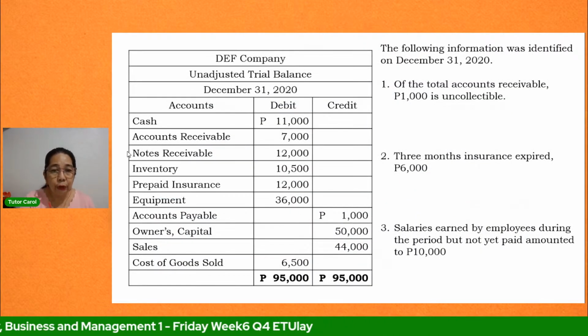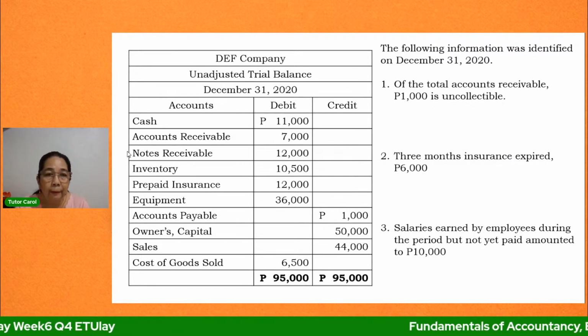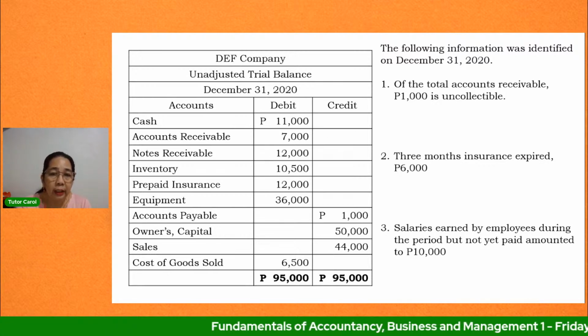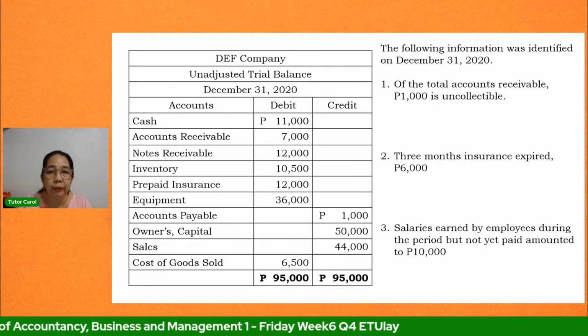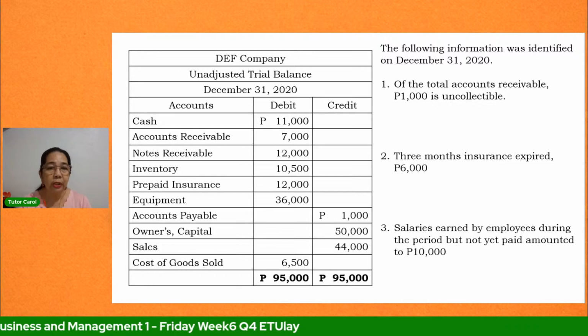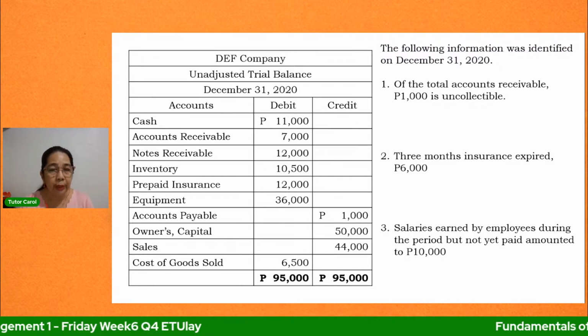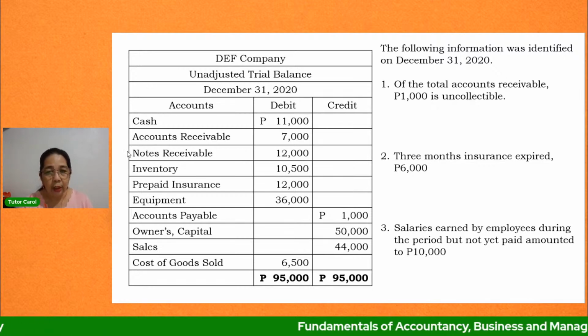Next, please. Ayan. Ito yung trial balance, unadjusted trial balance natin kanina. Sa adjusting entries tayo. The following information was identified on December 31, 2020. Of the total accounts receivable of 7,000 pesos, 1,000 is uncollectible. So, ano yan?